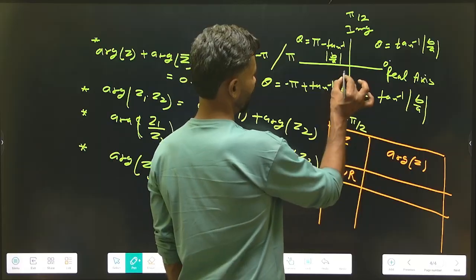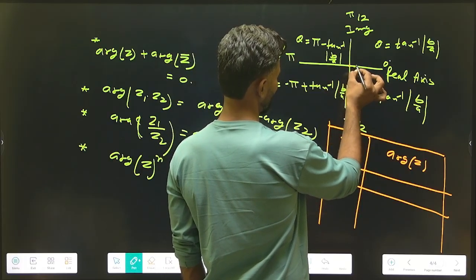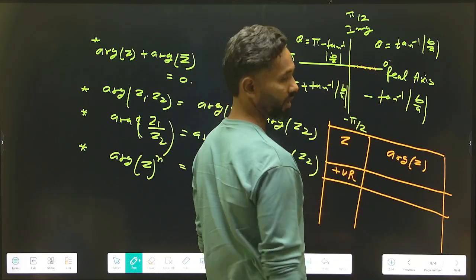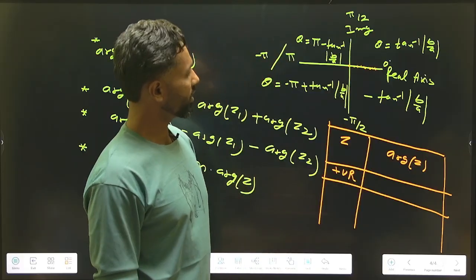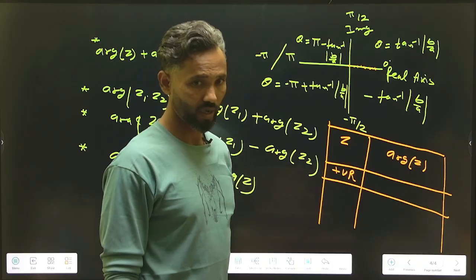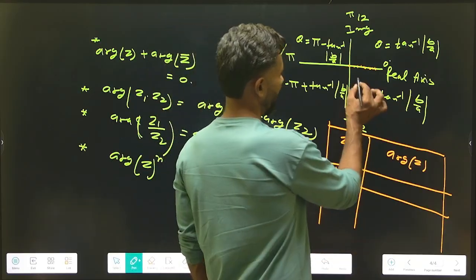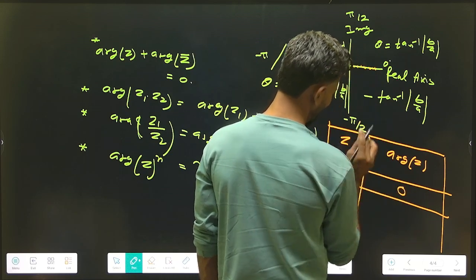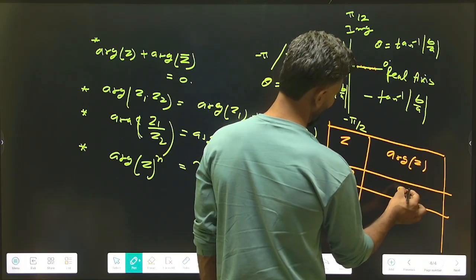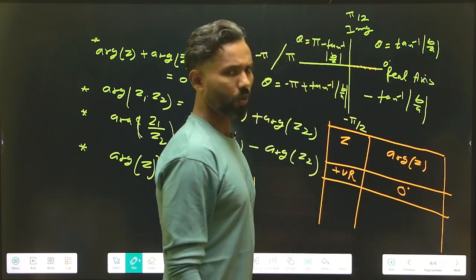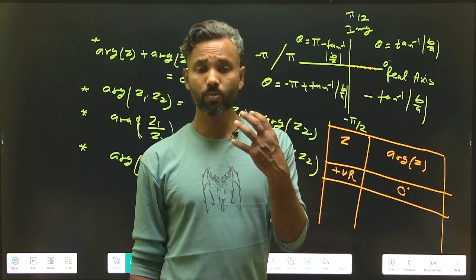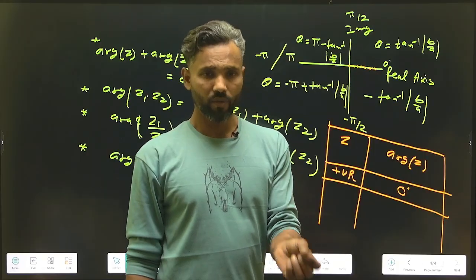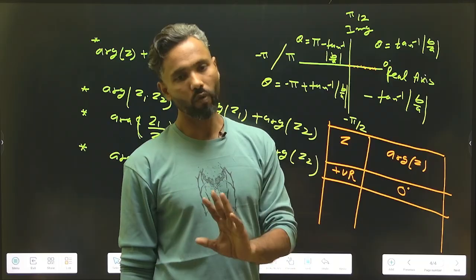You can say that this is the origin and the positive real numbers will be represented on this particular line. You can see the angle over here, so the argument of a positive real number will always be equal to 0 degrees. I mean to say, if a complex number is purely real and positive, then the argument will always be 0.